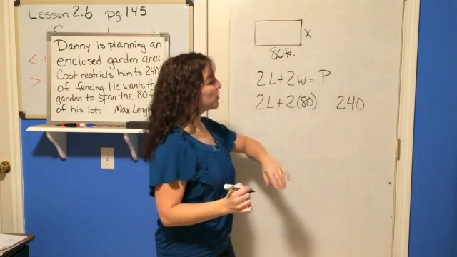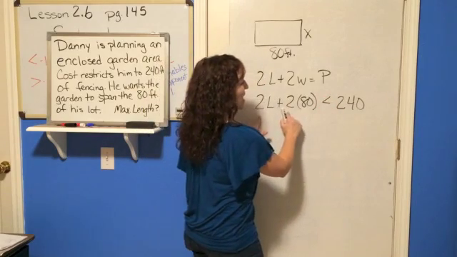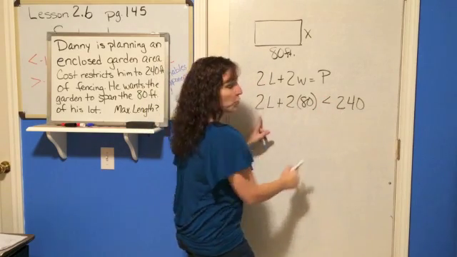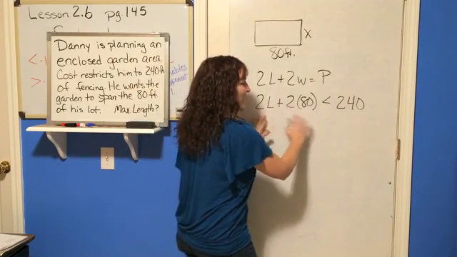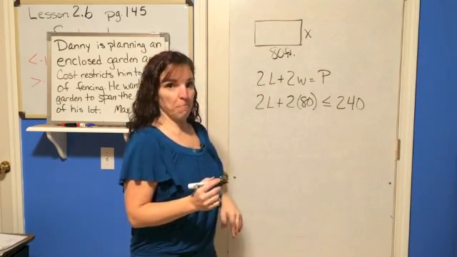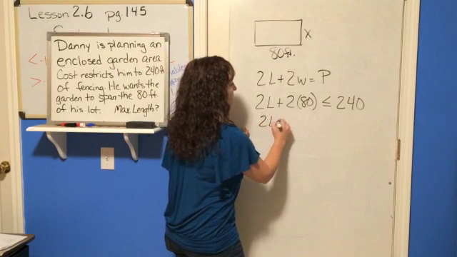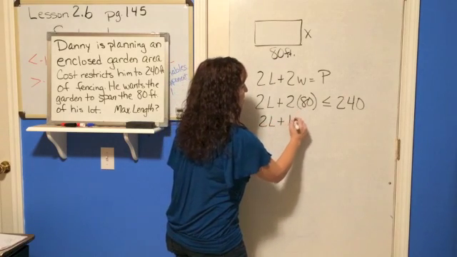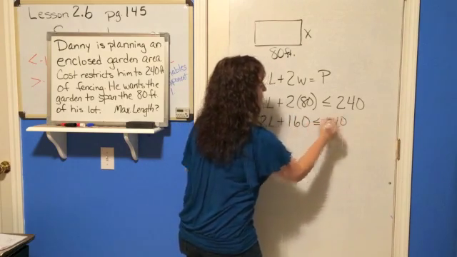So if 240 is the very biggest, then this has to be less than 240, right? If we multiply all of this together and add it together, this answer has to be less than or equal to 240. All right? So now we multiply it out. 2L plus 160 is less than or equal to 240.